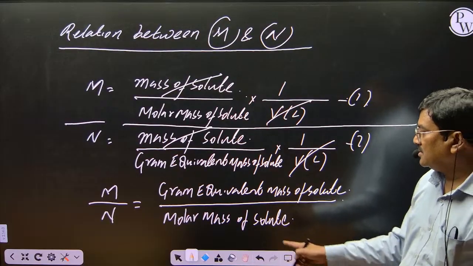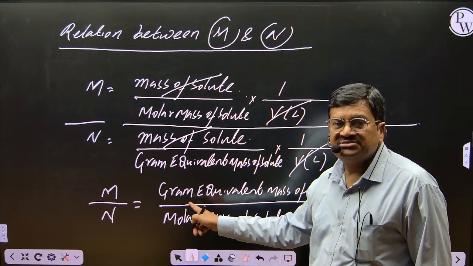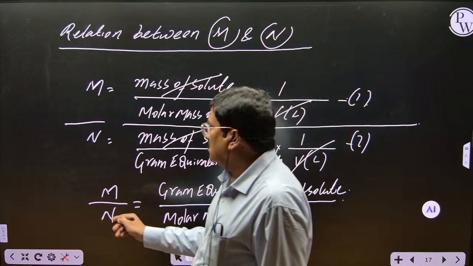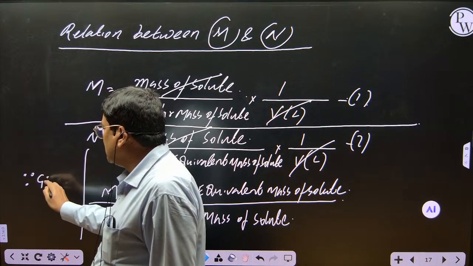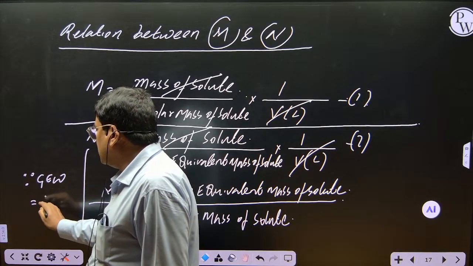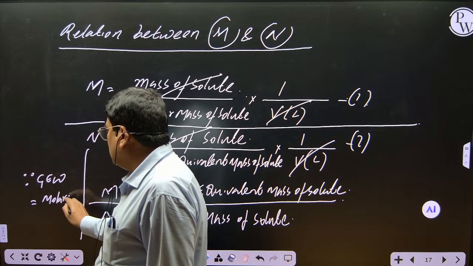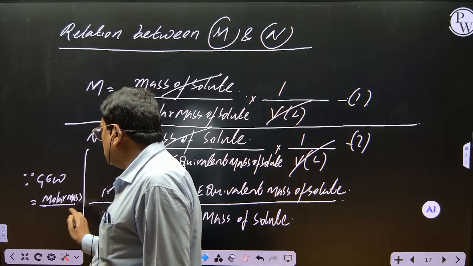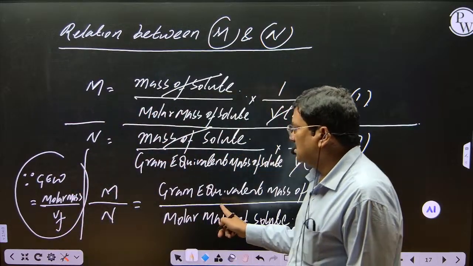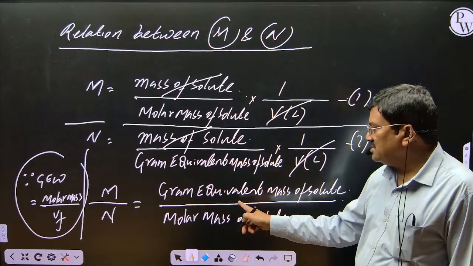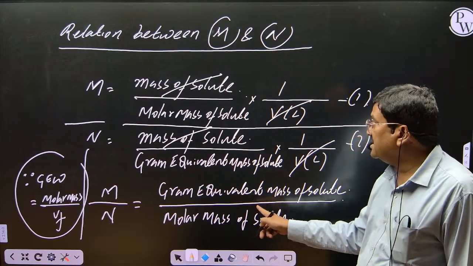Now gram equivalent mass of solute, how do we get it, students? Just now we wrote it, no? Here write: gram equivalent mass of solute is molar mass by n factor. So in place of gram equivalent mass, what can I substitute?